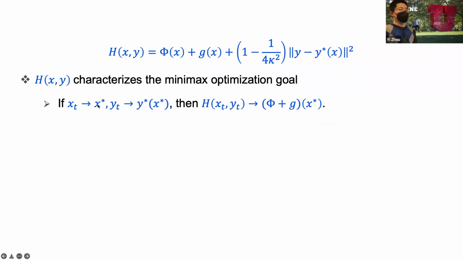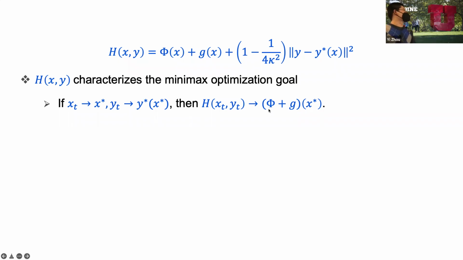In particular, suppose x_t goes to an optimal point X star, and y_t goes to the corresponding optimal best response point, which is the maximizer associated with X star. Then because y goes to y star, this term diminishes to 0. So the value of the potential function will converge to the desired optimal value of this minimax problem.